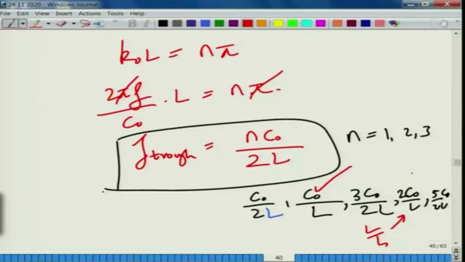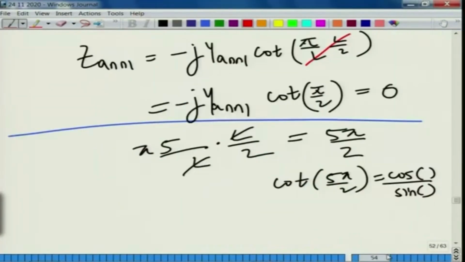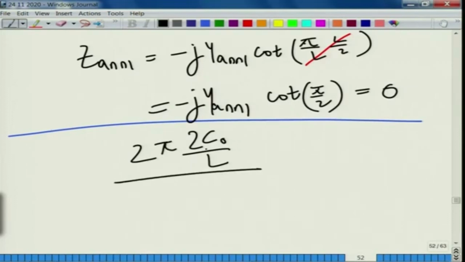Let us put the frequency as 2 C naught by L in our ensuing slides. So, I will get rid of this part, and put 2 C naught by L into 2 pi f by C naught into L by 4.